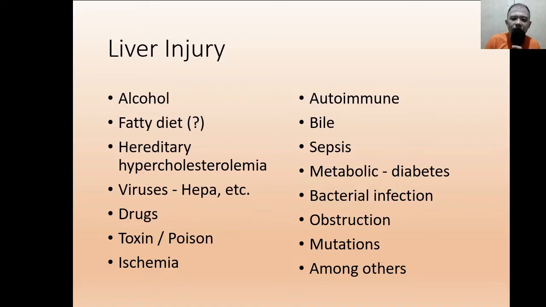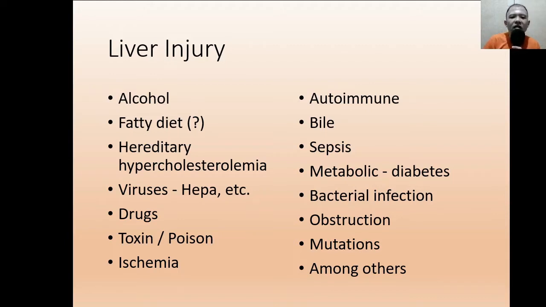That is still questionable, because some doctors think that a fatty liver is secondary to the inherent production of cholesterol and triglycerides by the liver, not secondary to a fatty diet.